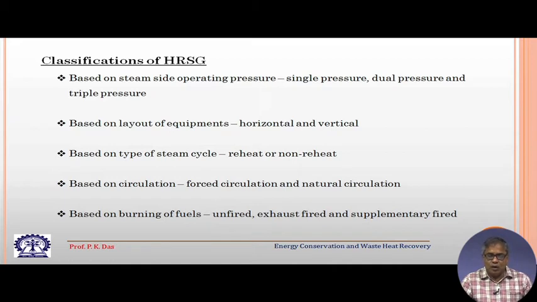That means, whatever combustion has taken place in the combustion chamber, after that we are only extracting heat from the hot gas, and no further combustion is taking place. Out of the HRSG, the hot gas is released to the atmosphere. So, this is the first kind of HRSG one can think of.